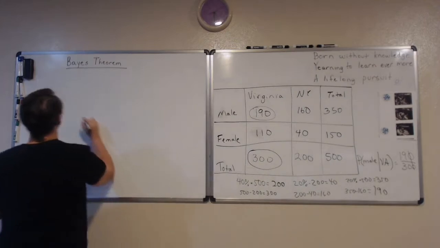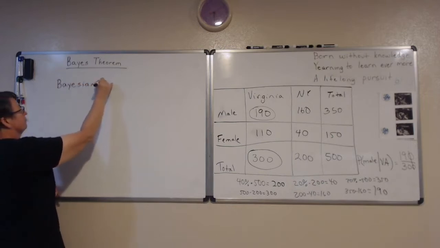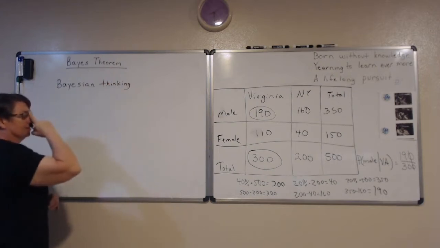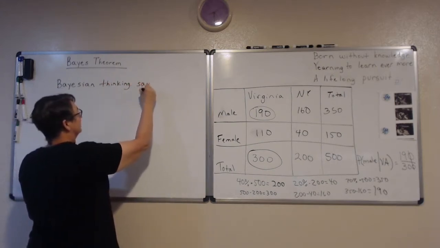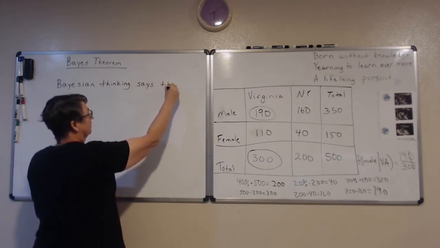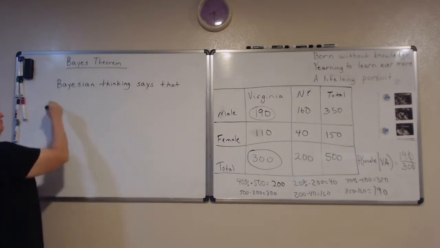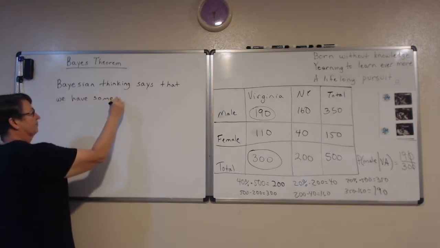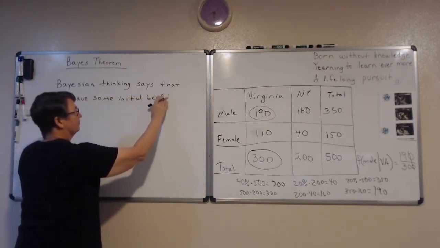So I'm going to write that down kind of in words. So Bayesian thinking just basically says that we have some initial belief.